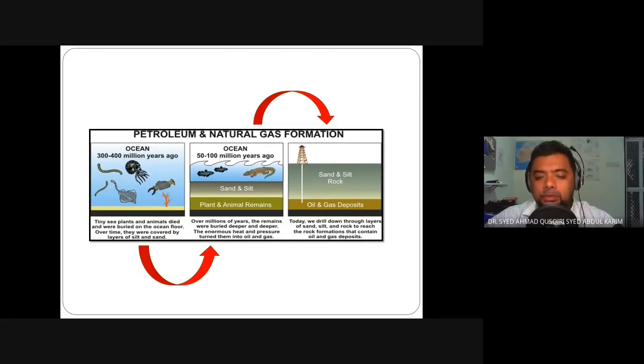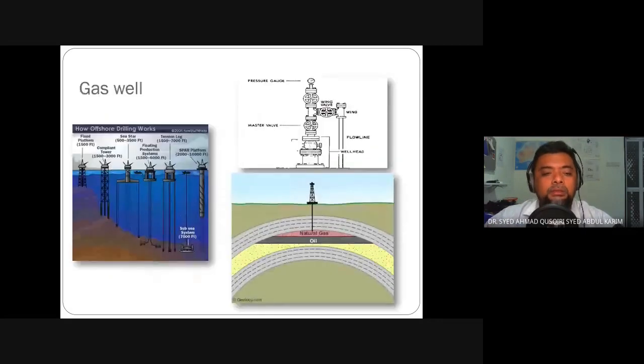So today we drill down through the layers of sand, silt, and rock to reach the rock formation that contains the oil and gas. So these are some of the offshore drilling platforms that are available today.